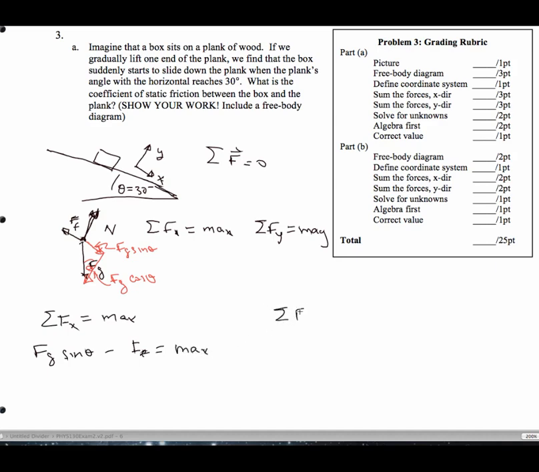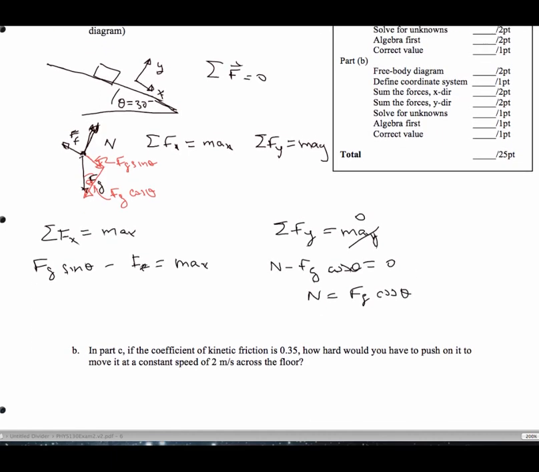And then in the y direction, I know my acceleration there is 0. We have the normal minus Fg cosine theta, and that equals 0. That tells me my normal is the force of gravity times cosine theta. So I got that.